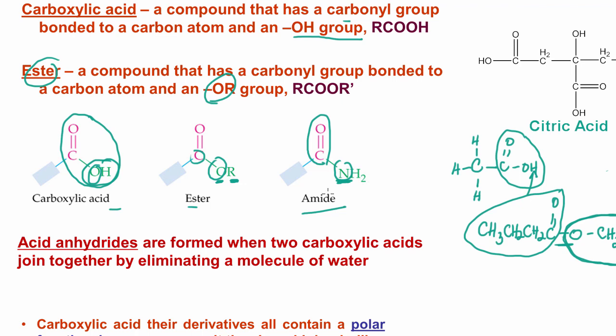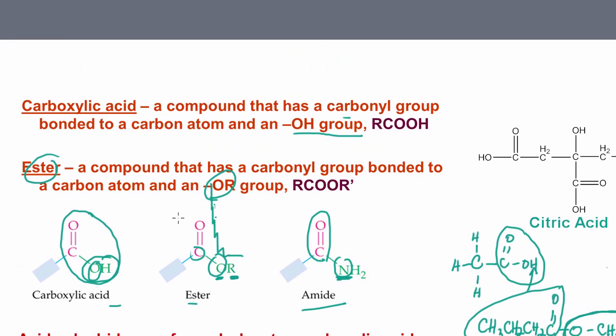Remember, aldehydes and ketones undergo the addition reaction. So in other words, the carbon-oxygen double bond is partially broken, whereas carboxylic acids, esters, and amides undergo carbonyl group substitution reactions. So in other words, this group here is substituted by another group.